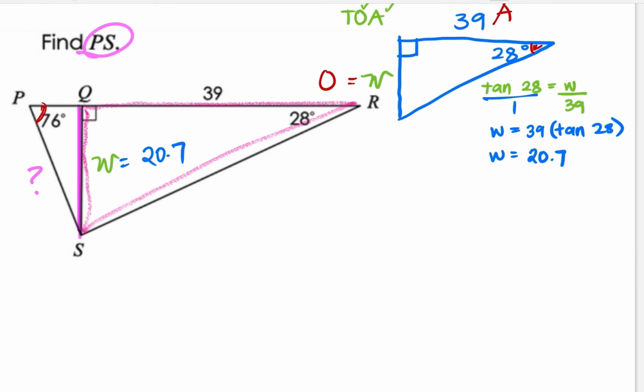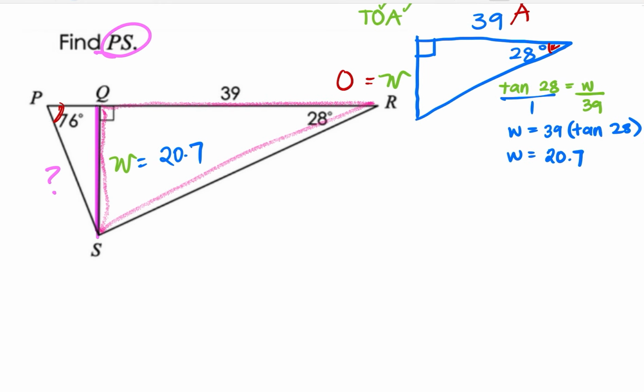Now, I'm going to go to the other triangle, and that triangle leads me to the unknown of this problem. So this is now not unknown because I found that, 20.7. This side is the unknown, and I'm going to name this as y.